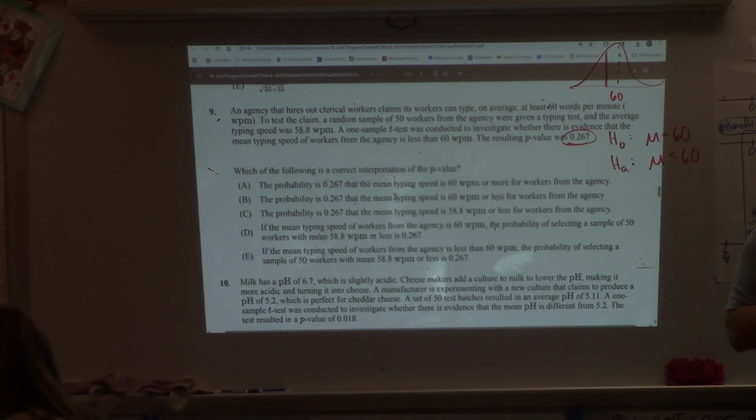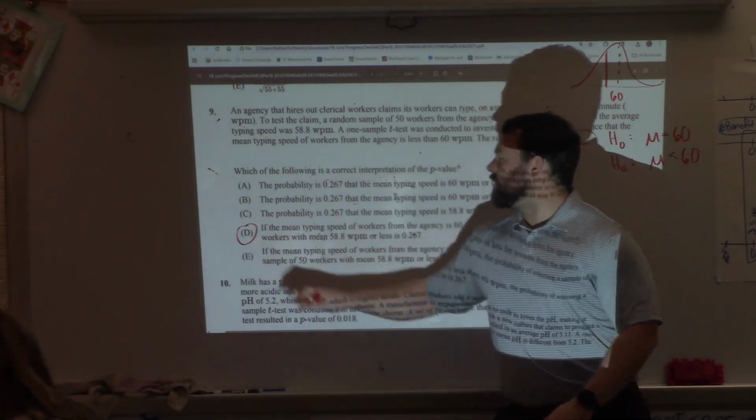Because remember, what is the whole point of a p-value? We are assuming something. We assume that the null is true. So which one says if the null is true? D. D is actually the only one that says the null is true.